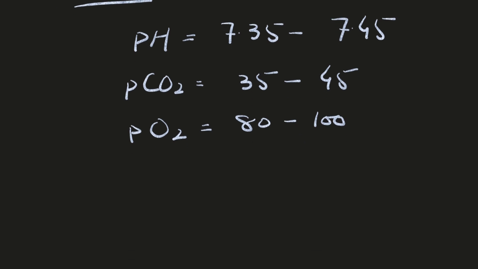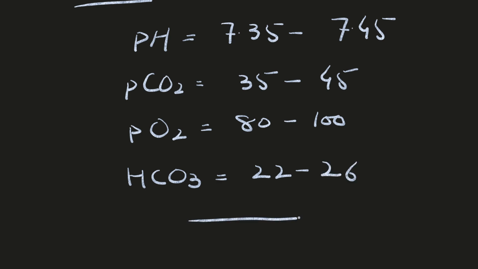And the fourth most important component is bicarbonate levels. Bicarbonate's normal value is 22 to 26. So these are the four most important values that you need to remember by heart without making any concept.